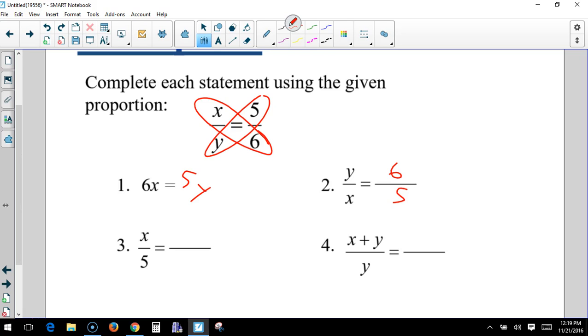X over 5. Now we're going left to right. So that's going to be y over 6. And x plus y over y is going to be the same as 5, add the denominator, and keep the denominator. 5 plus 6 over 6.